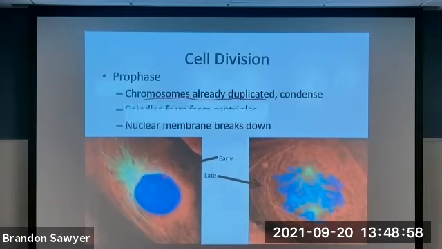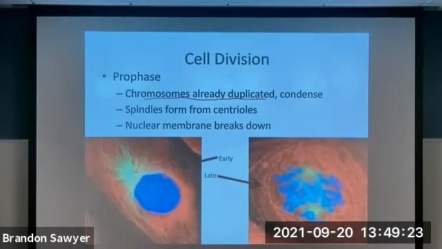Then we start to see these very dense parts of the centrioles, these spindles. In early prophase, the nuclear membrane is still there, and the nucleus still looks like this round thing. But in later prophase, the nuclear membrane breaks down, and that's all in preparation for dividing the cell and dividing the nucleus.